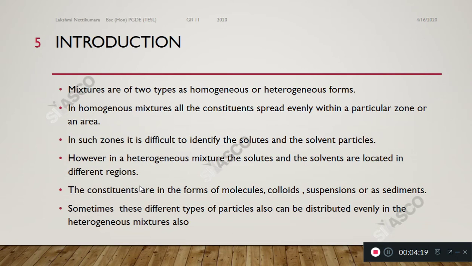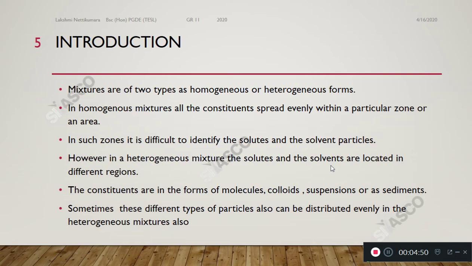In such a zone, it is difficult to identify the solutes and the solvents. However, in heterogeneous mixtures, the solutes and the solvents are located in different regions. That is why we call it a heterogeneous mixture. The constituents are in the forms of molecules, colloids, suspensions or sediments.